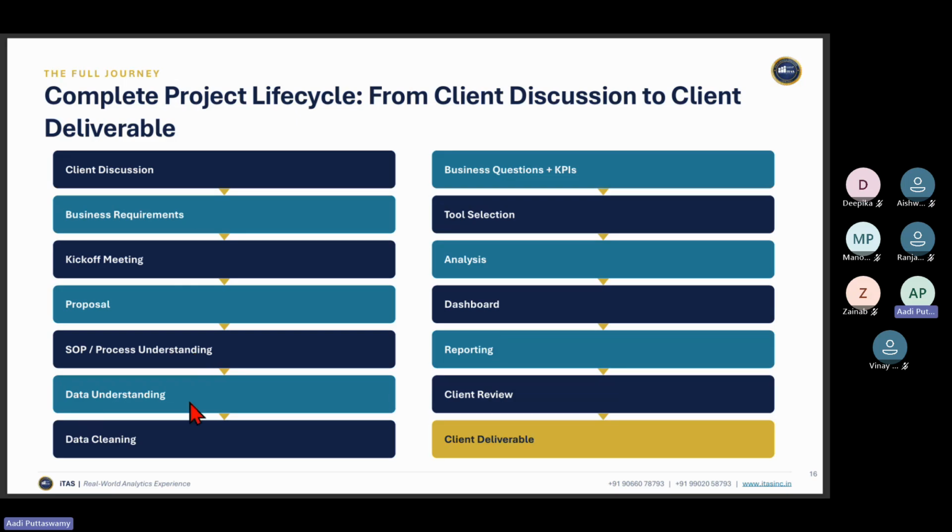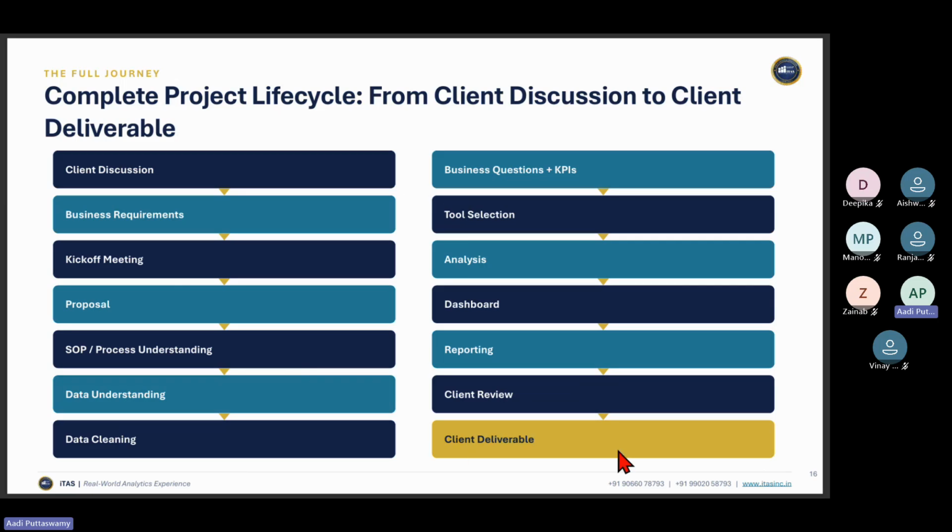After this, data understanding. Once everything is done, they'll be collecting the data: data understanding, data cleaning, business questions plus KPIs, then tool selection, then analysis, then we create the dashboard and reporting, which is more technical, then client review, and finally the client deliverables.